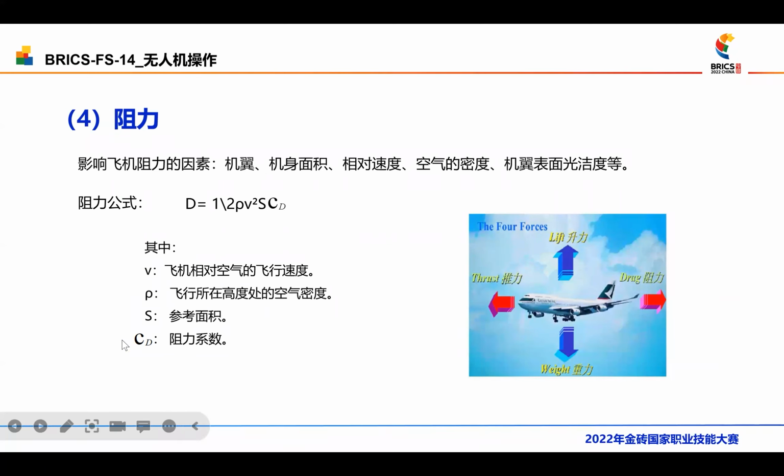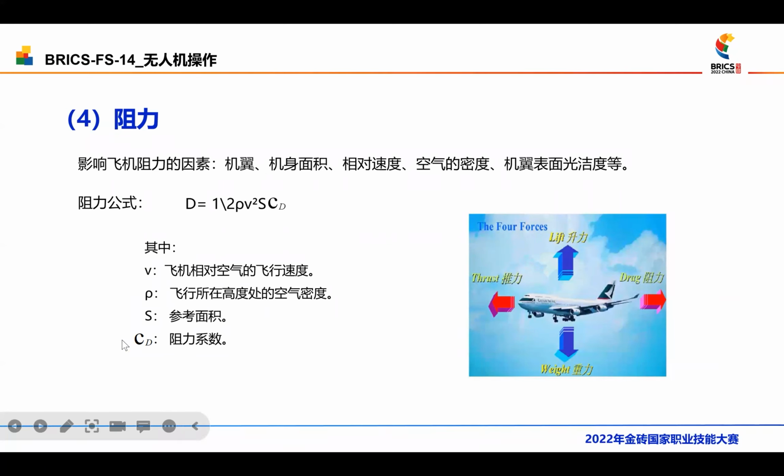According to the causes of resistance, the resistance of the aircraft when flying at a low speed is generally divided into two parts.